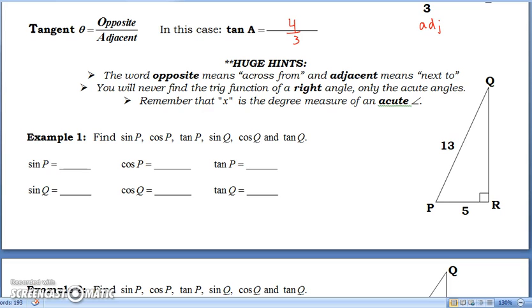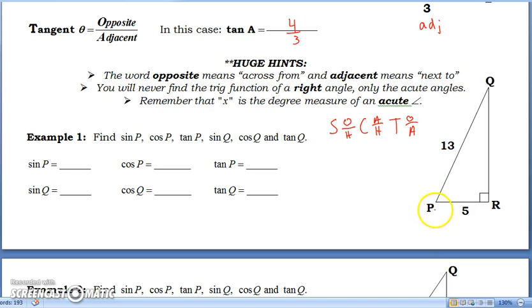So, for example, over here when we say the sine of angle P, we want to know the sine of this angle. How do we know how to do that? Well, anytime you get a trig problem, you should write out SOHCAHTOA. It will tell you what to do. The sine is opposite over hypotenuse.